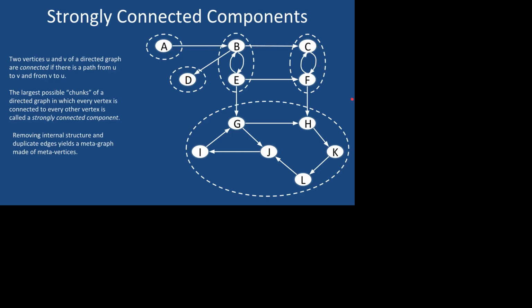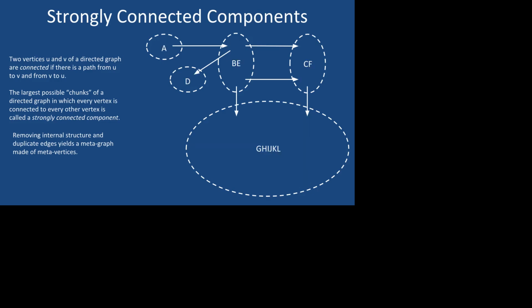So the algorithm is, you take the graph, compute its strongly connected components, and make sure that the meta vertex that contains the City Hall vertex of the original graph is a sink in the metagraph. So we just make sure that City Hall is either in here or in here. No edges out.